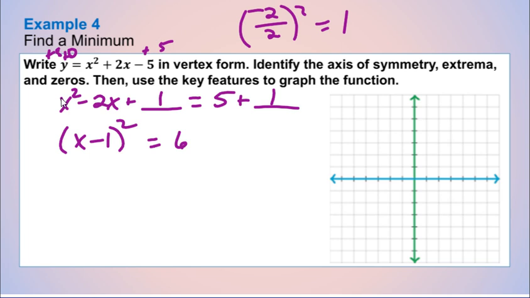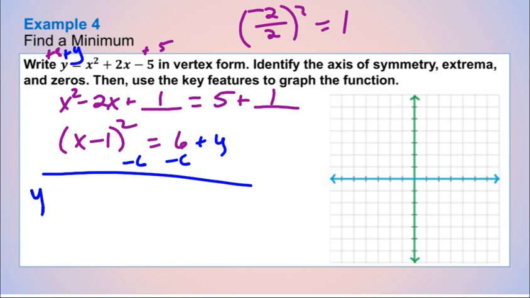Now to put this into vertex form, I'm going to put this plus y in here, because in vertex form we're going to have the y. So when I subtract 6 on both sides, I'm now left with y equaling x minus 1 squared minus 6. And why is that important?